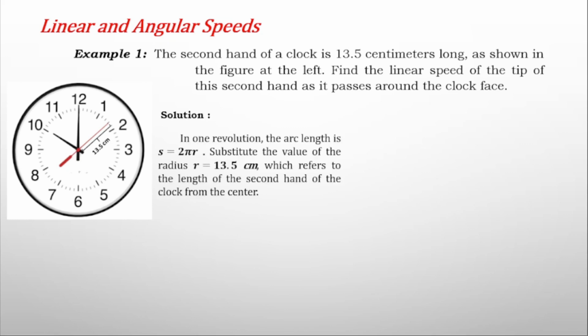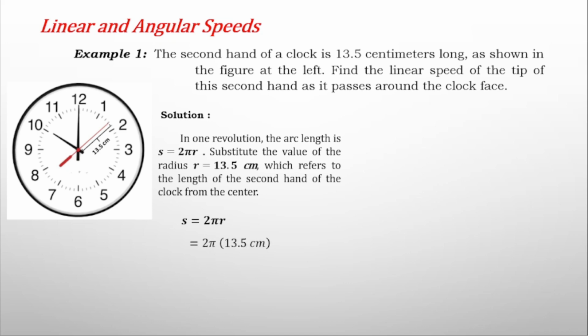Solution. Take note that in one revolution, the arc length is equal to 2 pi r, and substitute the value of the radius, which is 13.5 centimeters, which refers to the length of the second hand of the clock from the center. So using the formula, the arc length s is equal to 2 pi r.